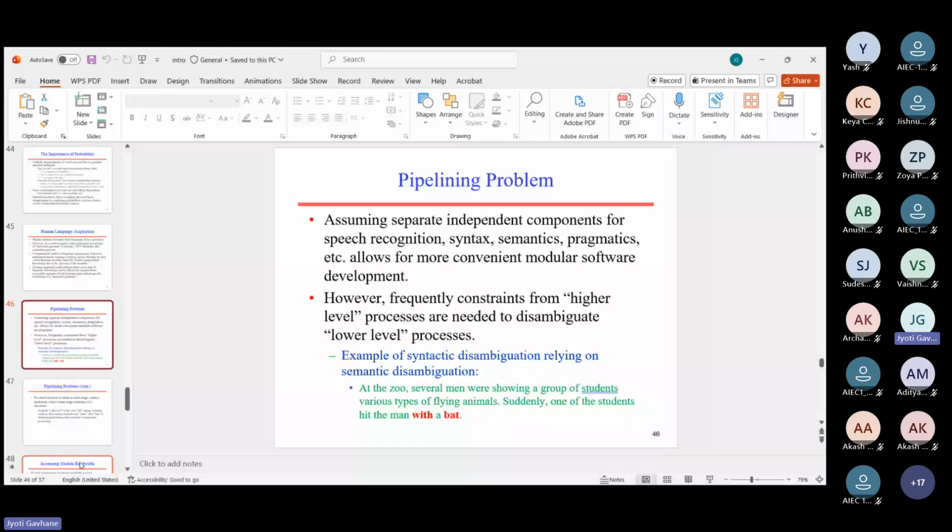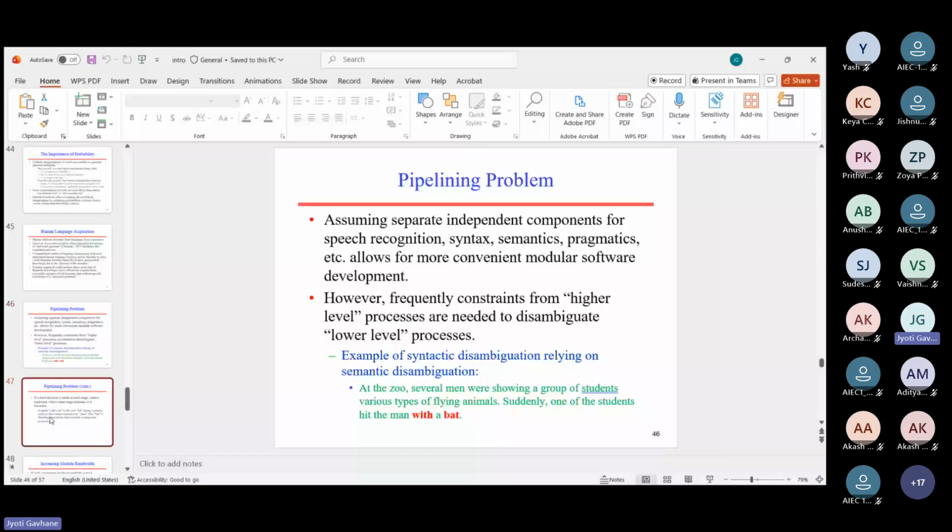Suddenly, one of the students hit the man with a bat. So, with a bat: is the bat an instrument for playing cricket, or is the bat the animal? You need to relate and try to understand.